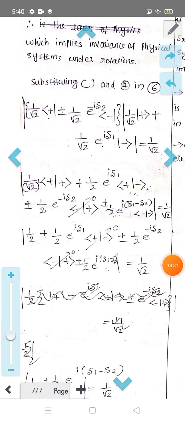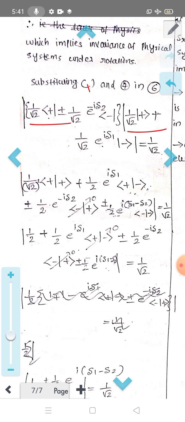So substituting equation 1, that is, the expression for ket Sx plus, and equation 4 in equation 6. Here it is bra Sy plus or minus, and here it is the value of ket Sx plus from equation 1.